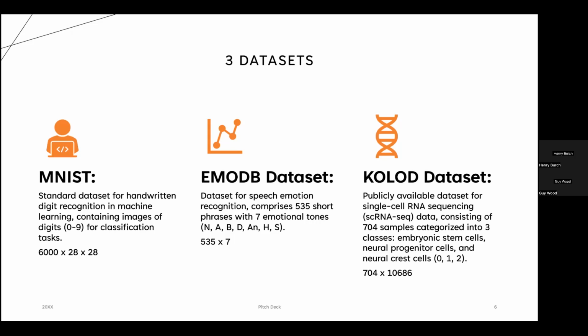This data set was the most complicated and most difficult to run on. It took the longest because, although it only has 704 entries, it has 10,686 columns or features, which may take a long time to train on. So the smaller the model and the simpler the model, the better, which is really interesting for our model complexity and reproducibility. Now, Guy will take over and explain each model we did.